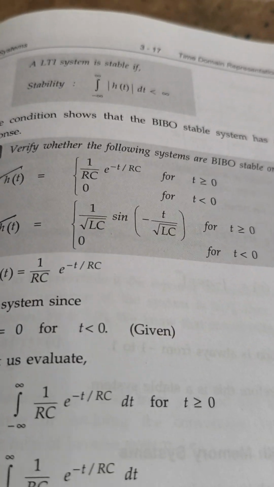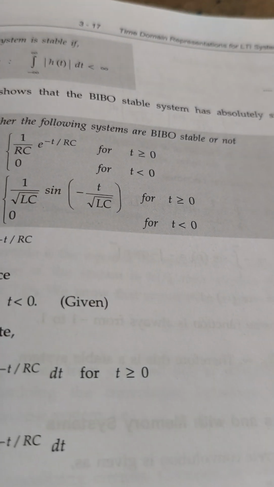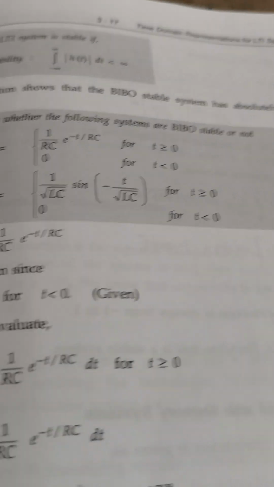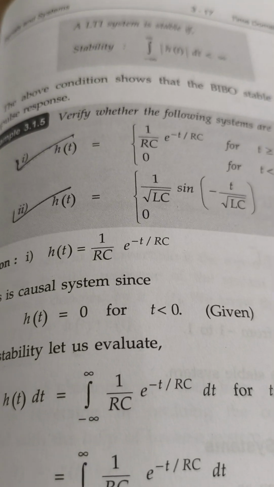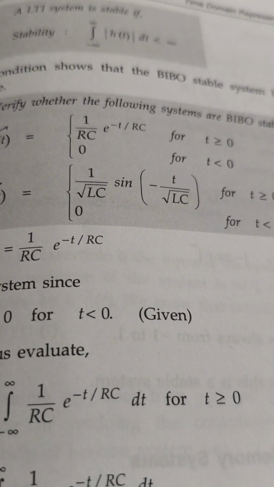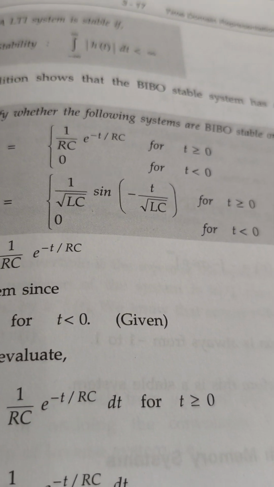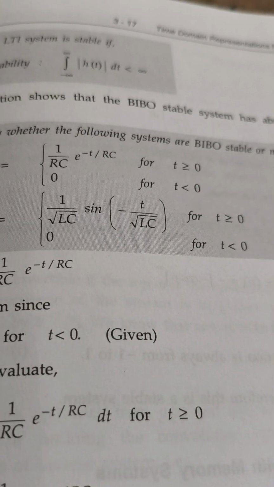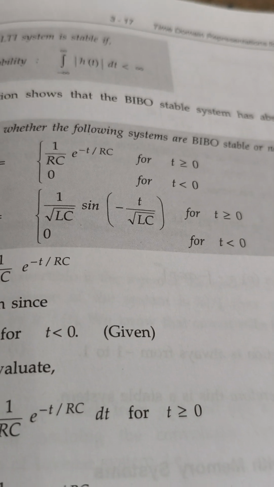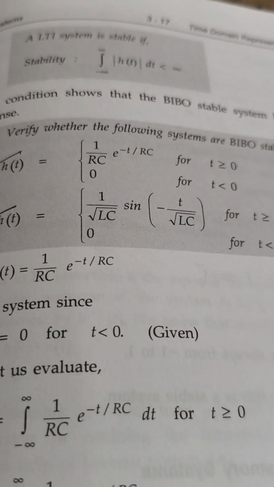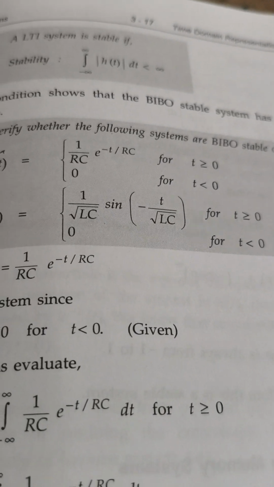Verify whether the following systems are BIBO stable or not. For example, h of t equal to 1 by RC e raised to minus t by RC for t greater than or equal to 0, and it is 0 for t less than 0.